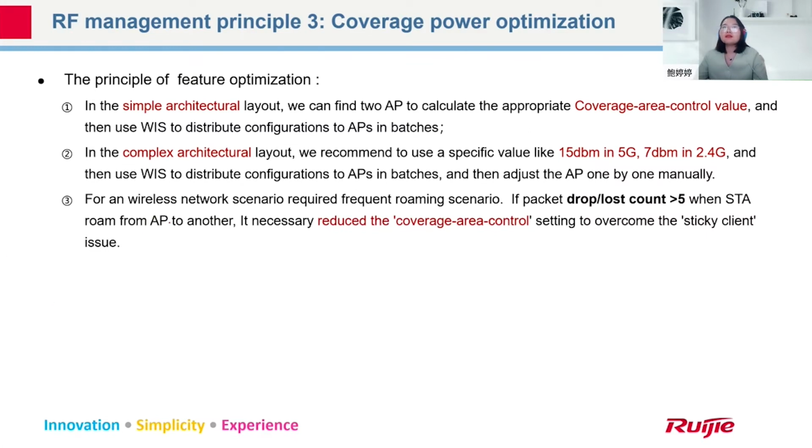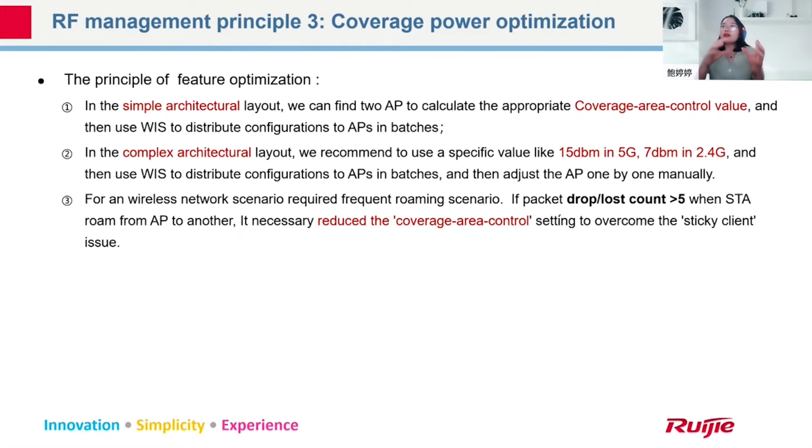And for a wireless network scenario with frequent roaming, we suggest that when you do the roaming test, if packets drop or are lost and the count is over 5, you can reduce the coverage area control setting to overcome the sticky client issue.